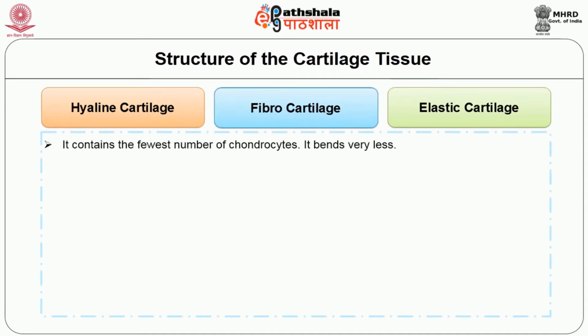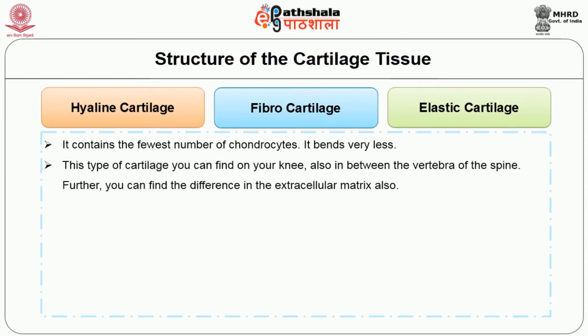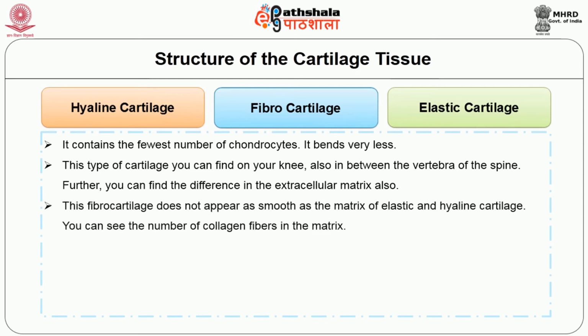Fibrocartilage contains the fewest number of chondrocytes. It bends very little. This type of cartilage you can find in our knee and also between the vertebrae of the spine. Further, you can find the difference in the extracellular matrix. The fibrocartilage does not appear as smooth as the matrix of elastic and hyaline cartilage.